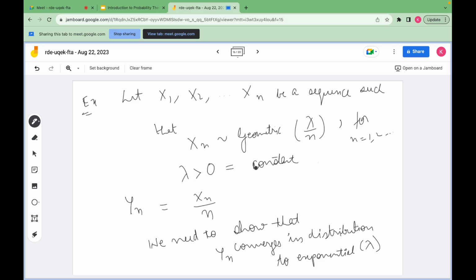Okay, so this is the question. We are given a sequence of random variables, and all these random variables are geometric distribution with parameter lambda by n, where lambda is a constant and n will be changed. For x1 it is lambda by 1, for x2 it is lambda by 2, for xn it is lambda by n. Now we define a new random variable yn which is equal to xn by n. Okay, now we need to show that this yn converges in distribution to an exponential random variable with parameter lambda.